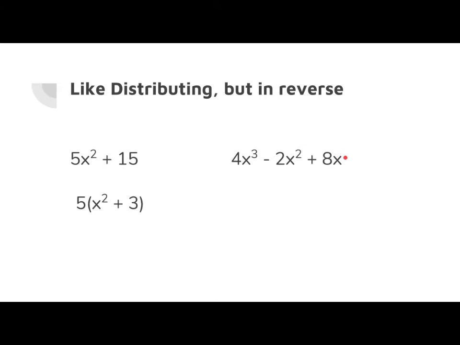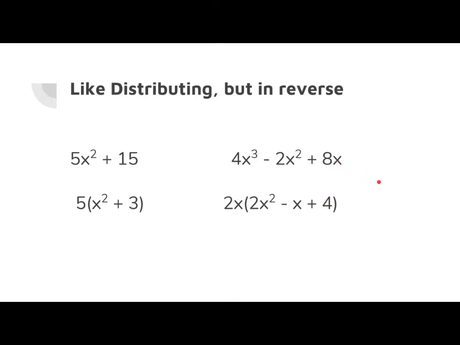So the greatest common factor is 1x, or x to the first power. Factored out, then it would look like this. We have 2x times 2x squared becomes 4x to the third. Remember, when we multiply powers, we can add the exponents together. 2x times x is 2x squared, and 2x times 4 becomes 8x.